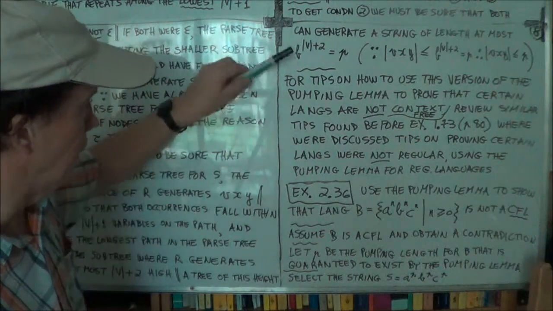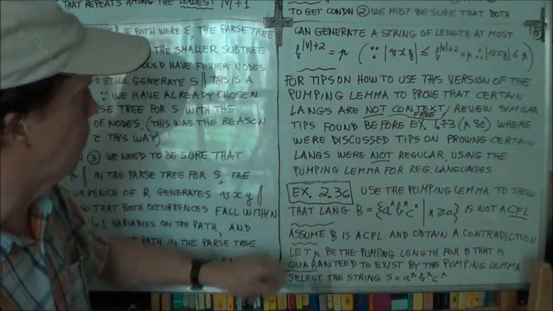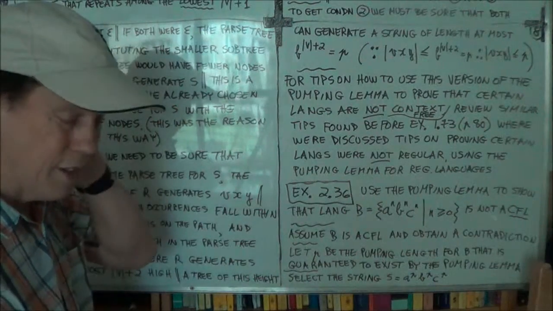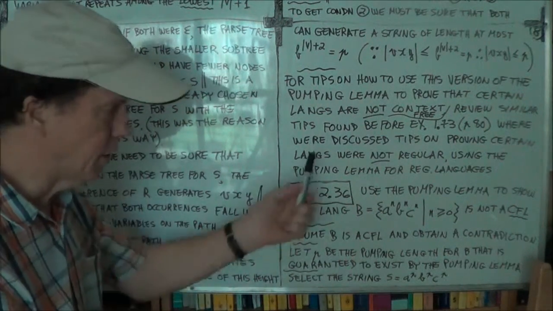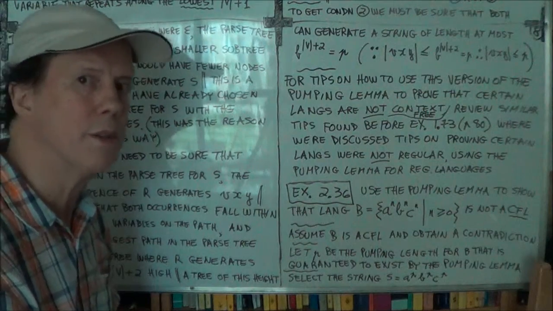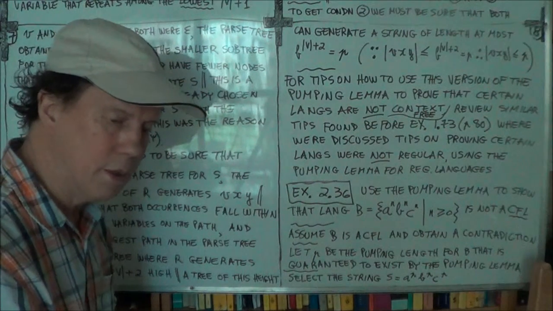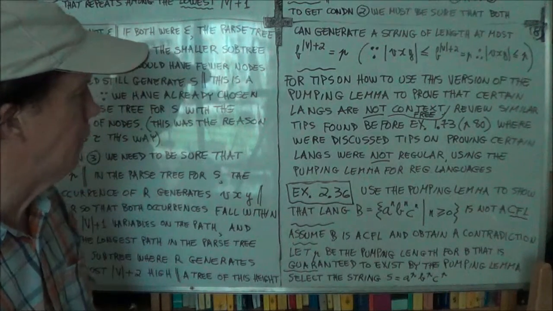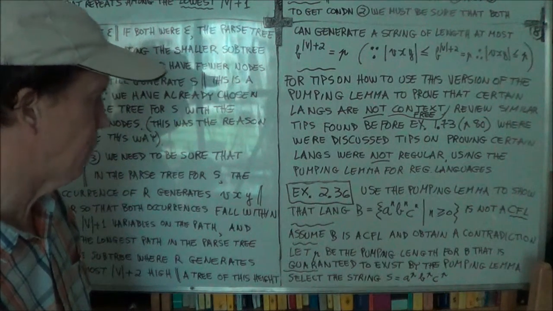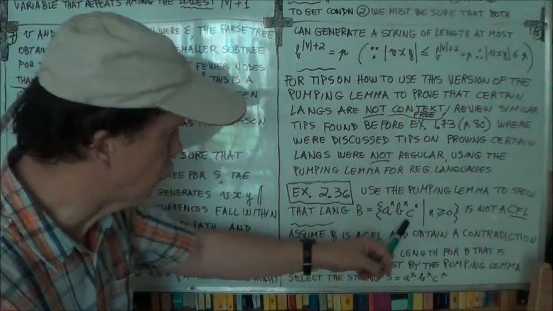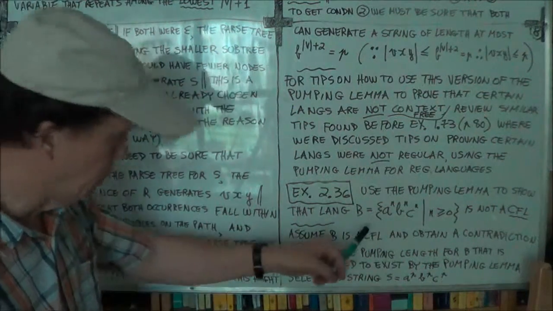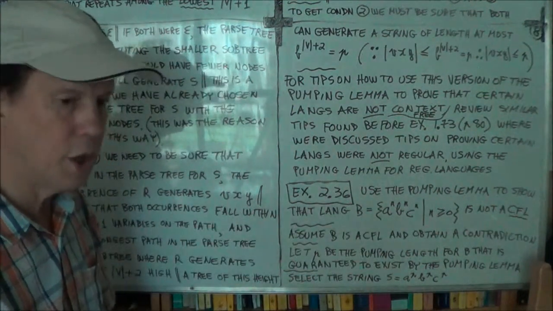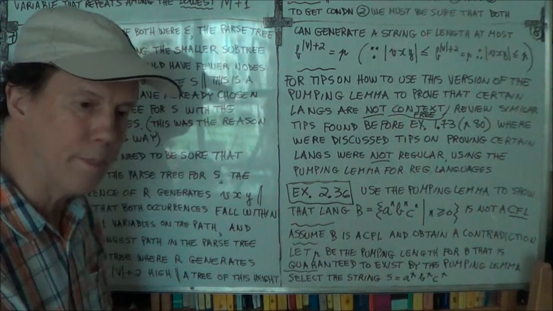All right. Okay. Now the next stuff, general comment. The use of the pumping lemma for context-free languages is very similar to what we did using the pumping lemma for regular languages. So typically you'll choose a particular string that belongs to the language, and you'll show that it cannot be pumped.